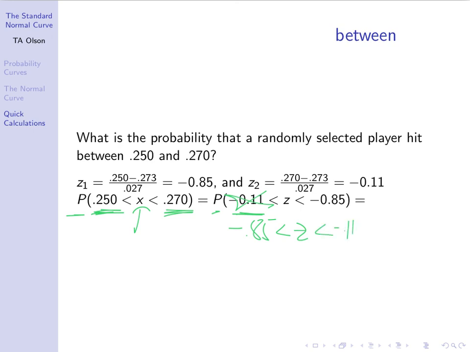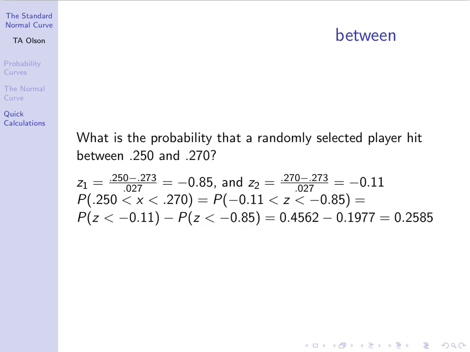Now, nobody's perfect. Okay? All right, here I did it the right way. I have 0.11, that's the one closest to the mean, right? There's our mean. This is 0.11. 0.85 is that one. So I'm taking the higher one, and I'm taking off the lower one.